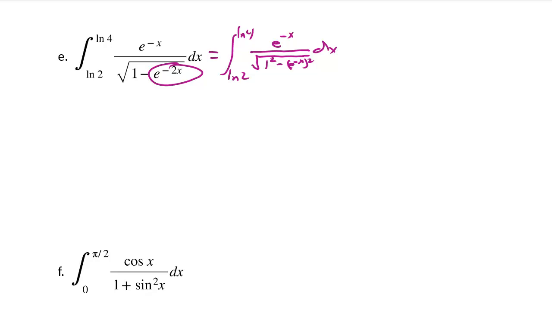But now that makes it one of the patterns that we're seeing for one of the inverse functions. All right, so let u be e to the negative x. Then the derivative of that is negative e to the negative x dx.